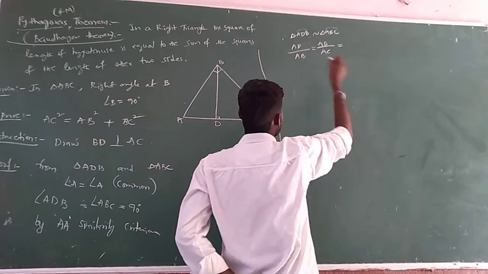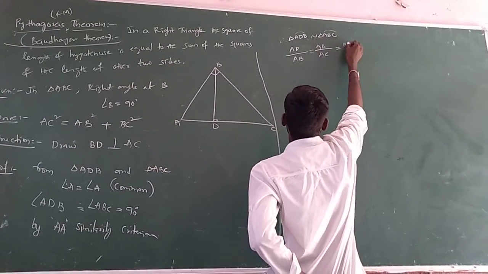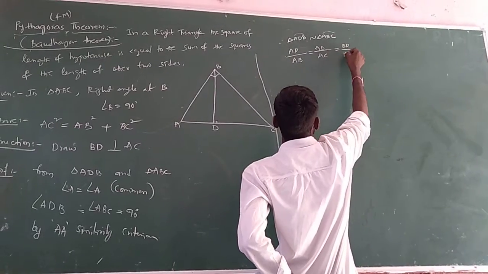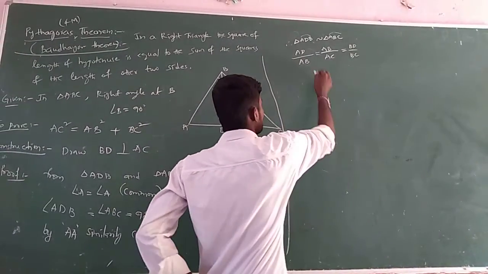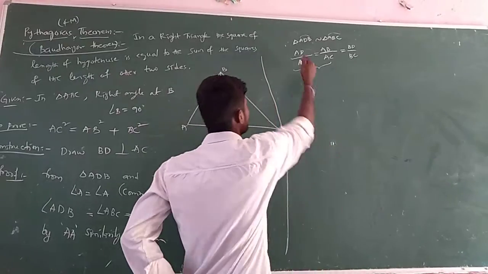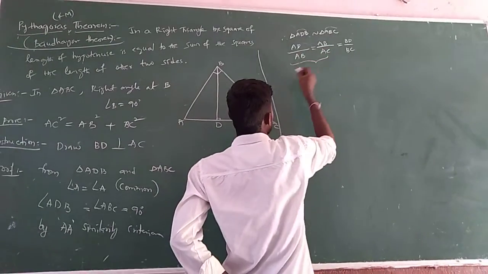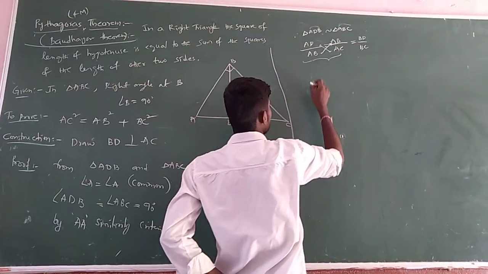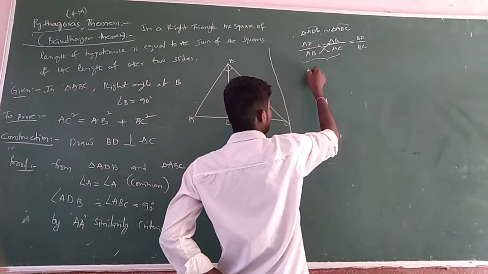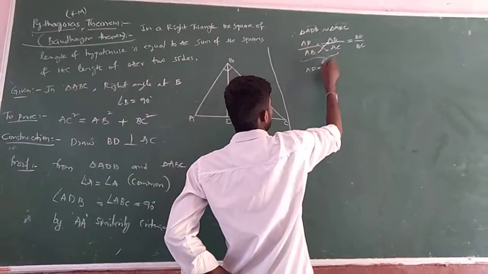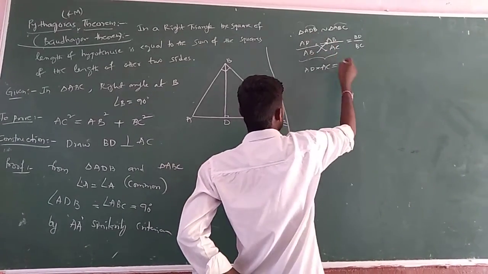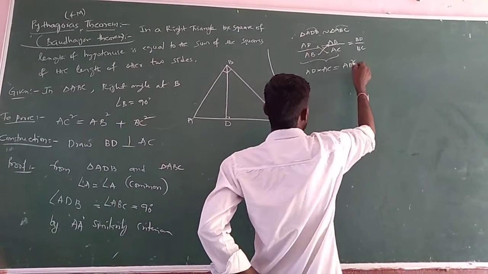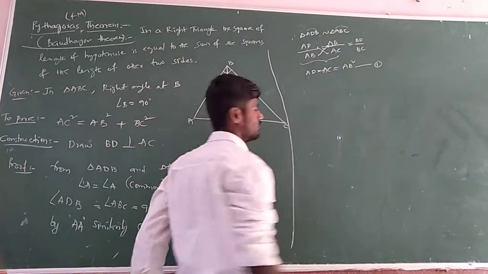And the third also we can take, BD by BC, but here we are taking only this way: AD by AB equals AB by AC. From this, if you do cross multiplication, AD into AC is equal to AB square. Let us take this as observation 1.